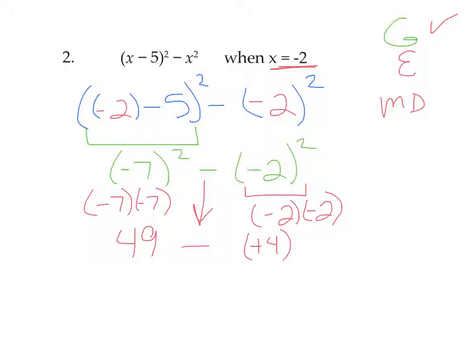So you see what would have happened if I did this out of order and canceled these. I would have ended up with a positive sign here, which would have made this an entirely different answer. So exponents are now done. There is no multiply and divide, so we're down to the add, which in this case is positive 49 minus positive 4. So 49 minus 4 makes 45.